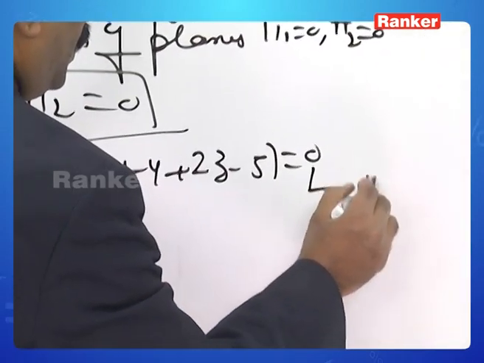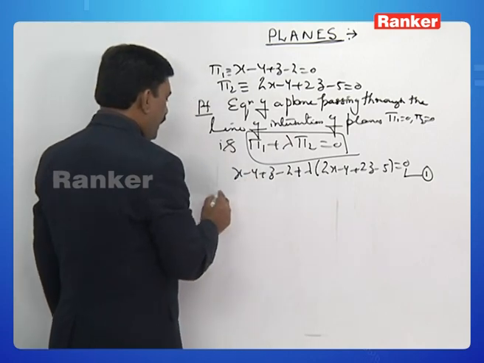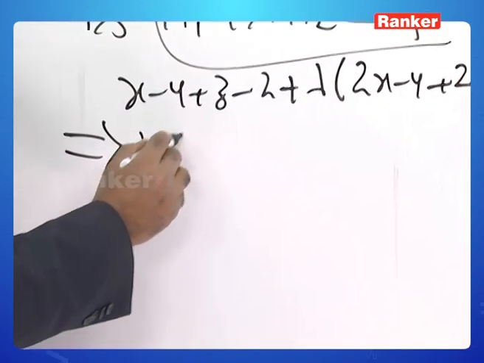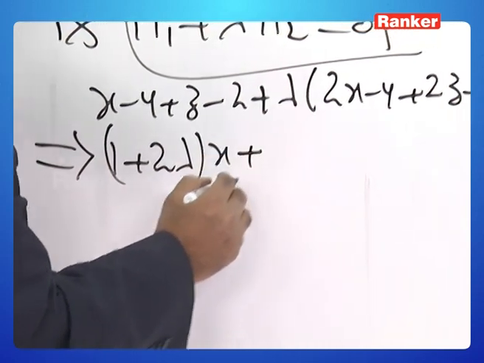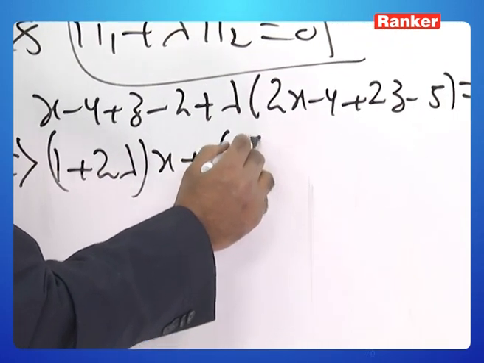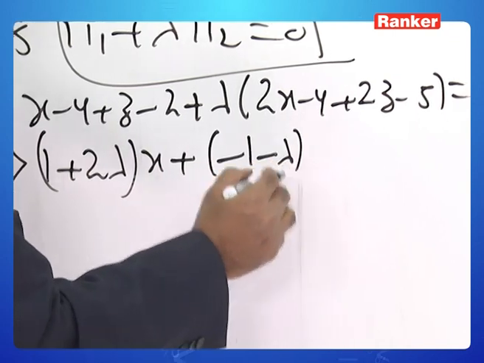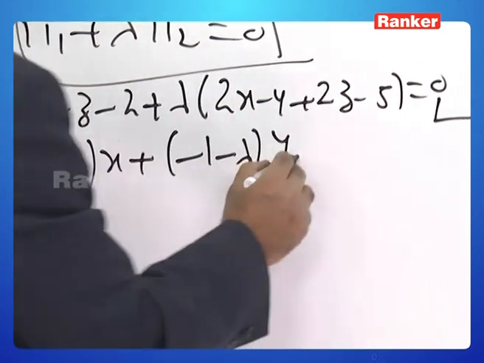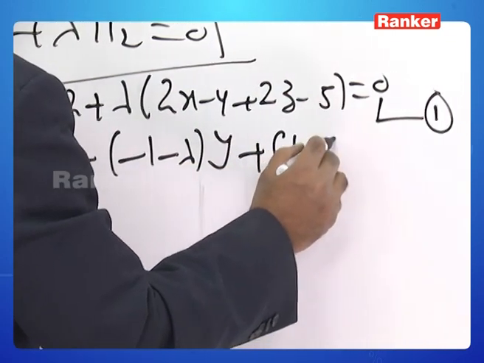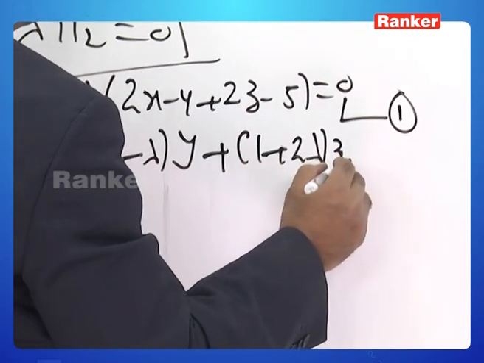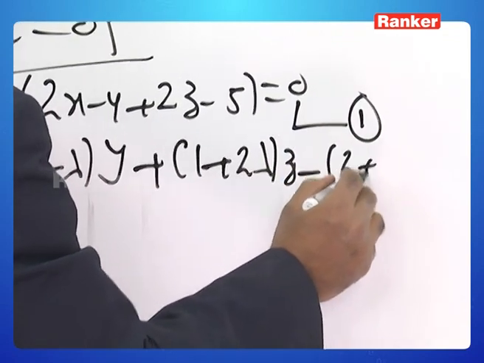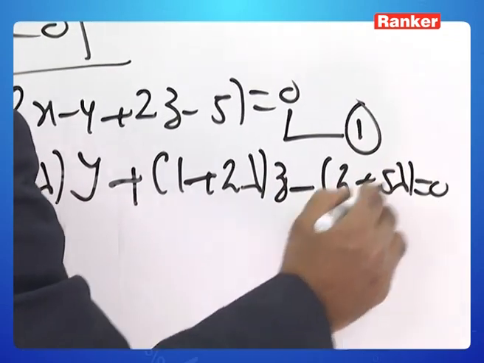1. Okay. Now I can also rewrite it as (1 plus 2 lambda) into x, that is minus of (1 plus lambda) into y, this is (1 plus 2 lambda) into z, next, minus of (2 plus 5 lambda) is equal to 0.